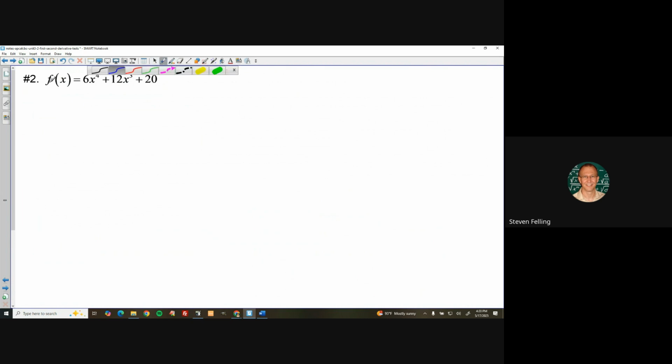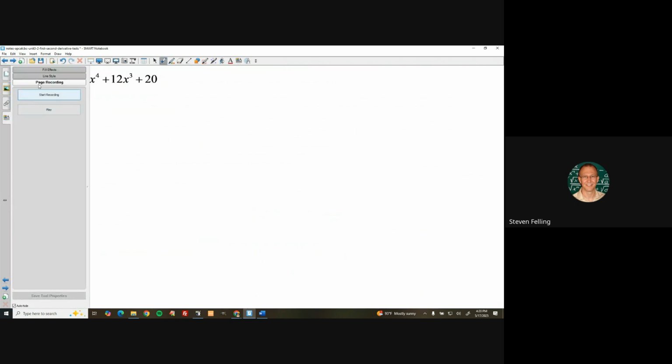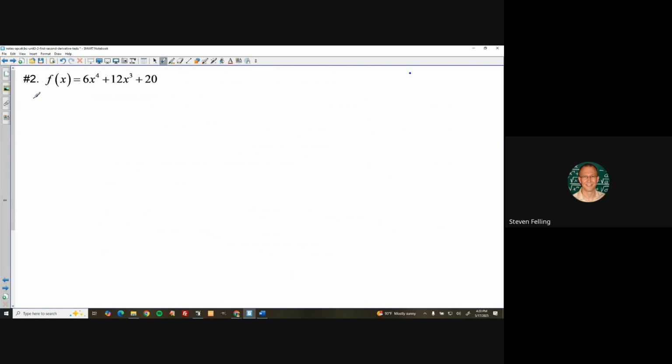First derivative test, I'll take the first derivative, which is 24x cubed plus 36x squared. Okay.